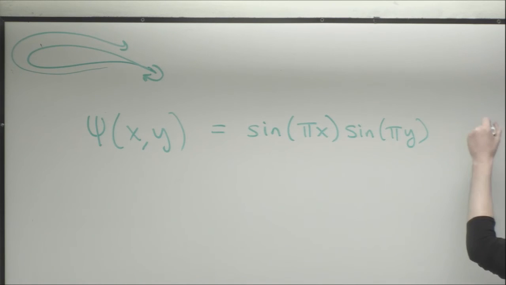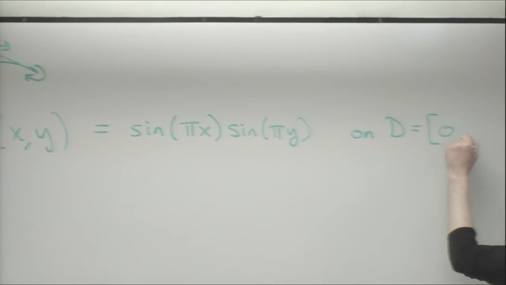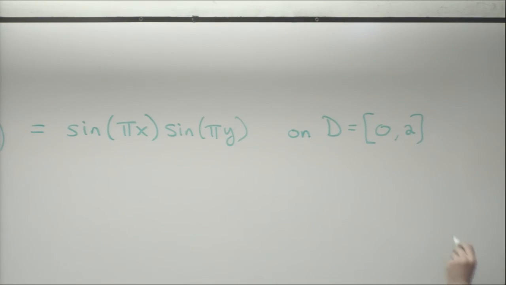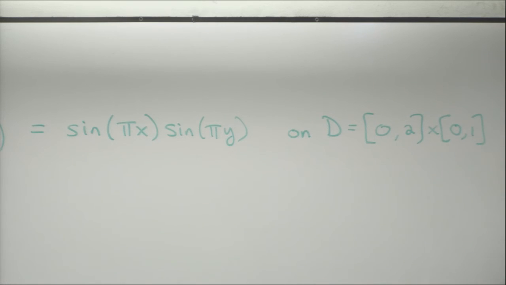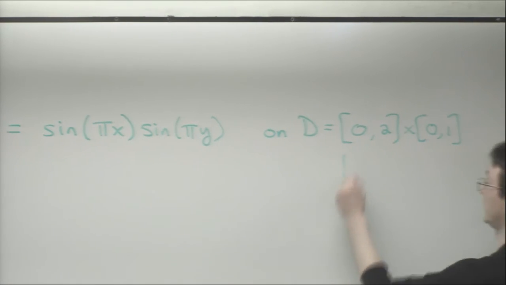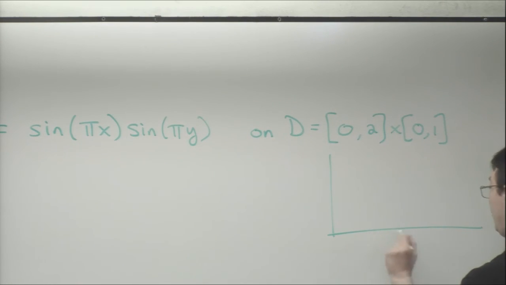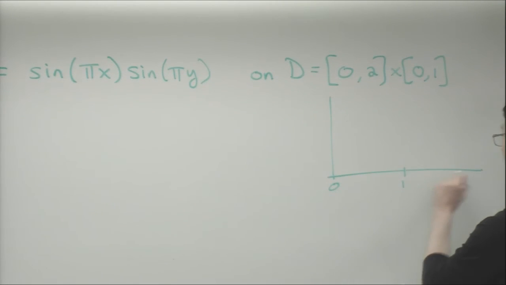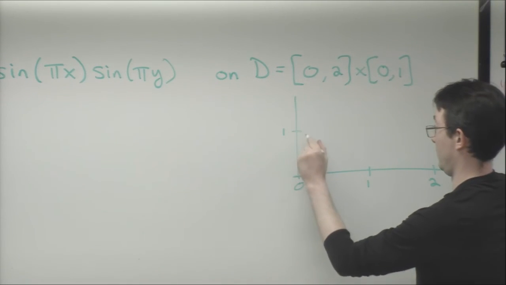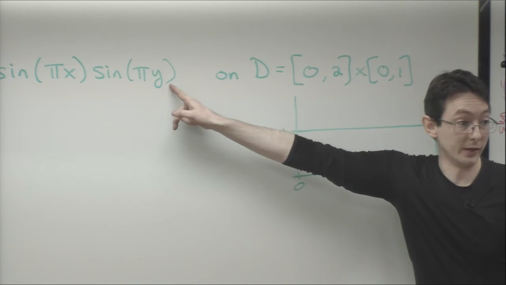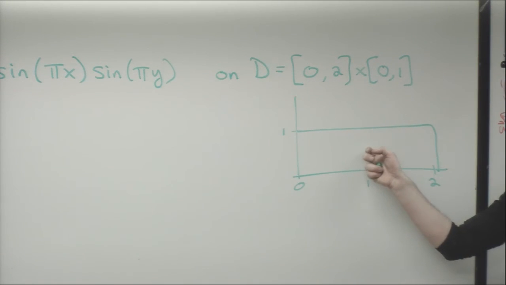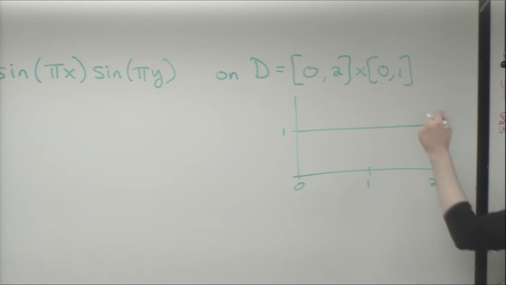And let's look at this on a domain which is from 0 to 2 in the x direction, and from 0 to 1 in the y direction. Okay, so we're going to look at this in a little rectangle. We're going to look at the vector field from this stream function over this domain. Okay, this is D.